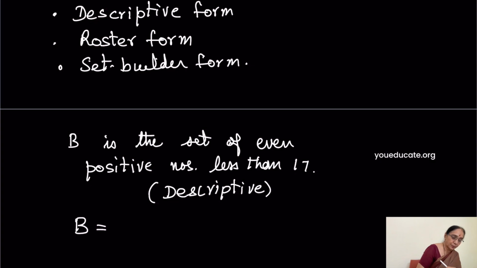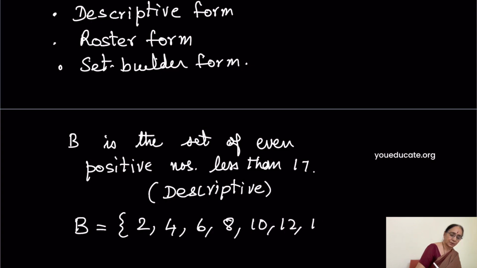So B is equal to, you write the elements of the set. All the even numbers less than 17. So you start with 0 or positive. So I don't even have the 0. 0 is not positive, not negative, right? So I start with 2, then 4, 6, 8, 10, 12, 14, 16.